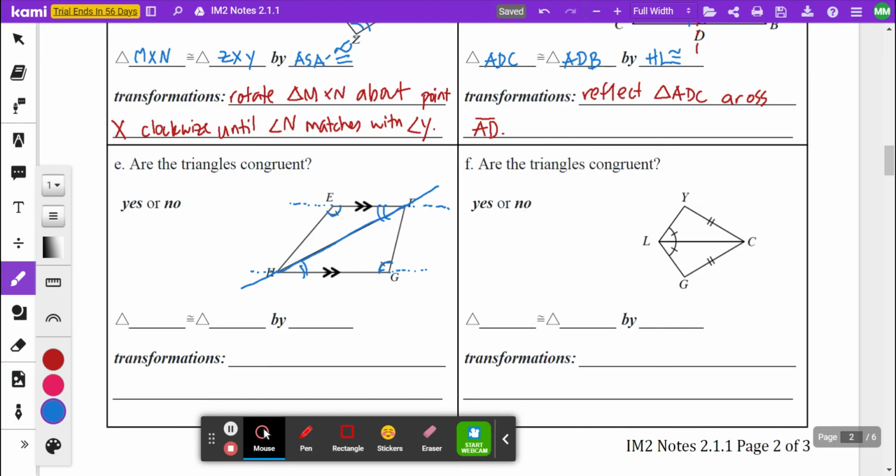So because EF is parallel to HG, and this transversal HF crosses them, I have some congruent angles inside. So I have angle EFH is congruent to angle GHF by alternate interior angles.